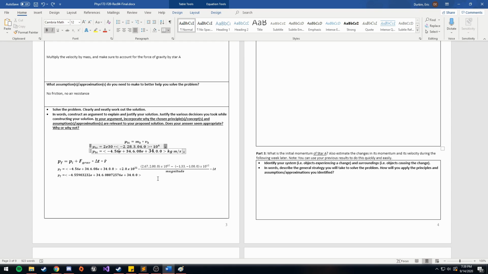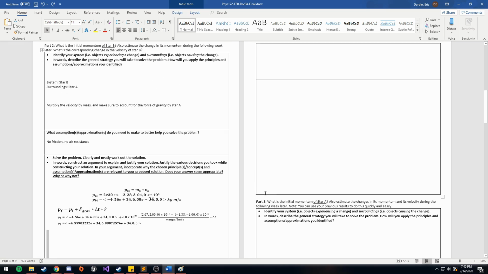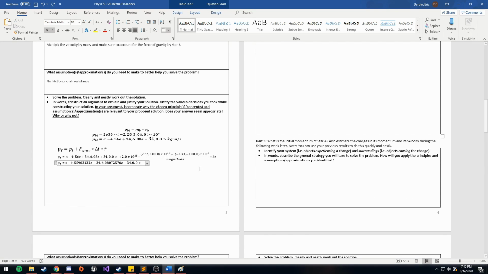So are you guys recalculating the force of gravity? That's what we were doing earlier. We were putting it in vector format. You could have just multiplied by the unit vector, R2 minus R1. We did the same thing. It's fine. And then kilogram meters per second.